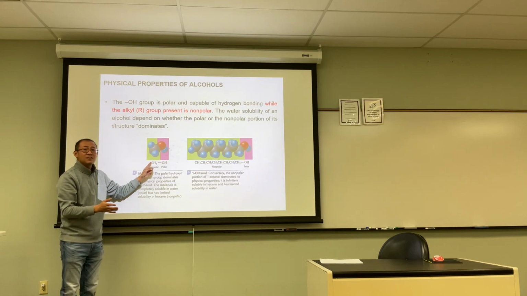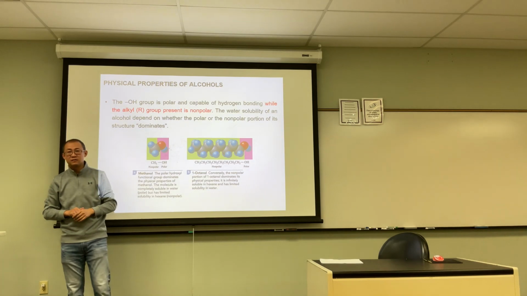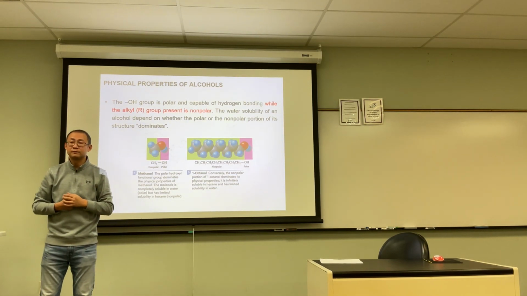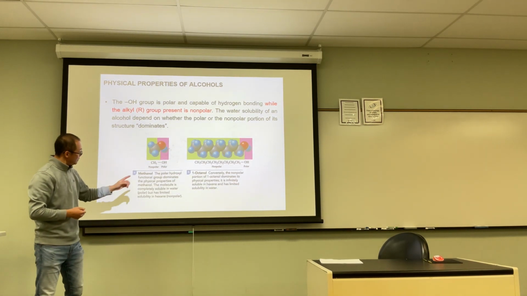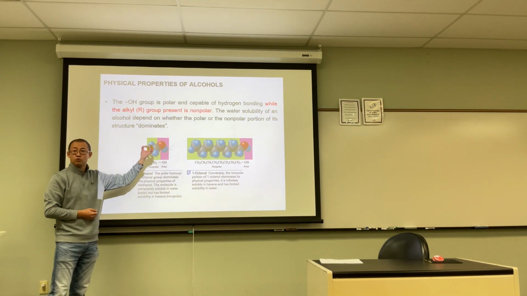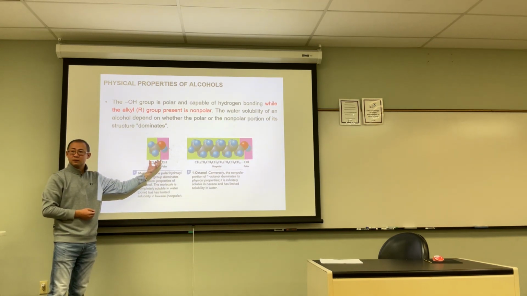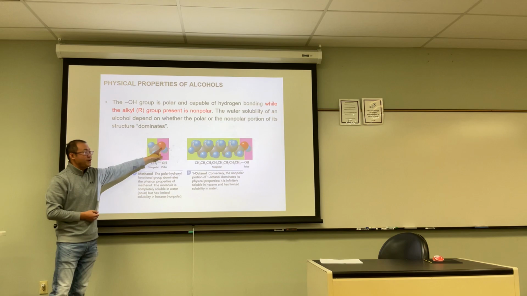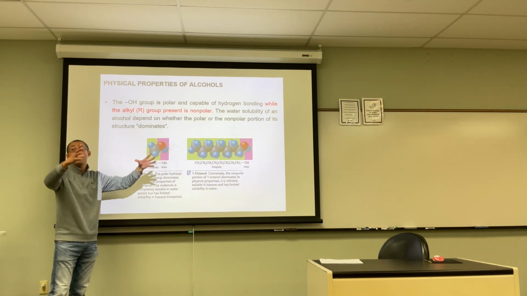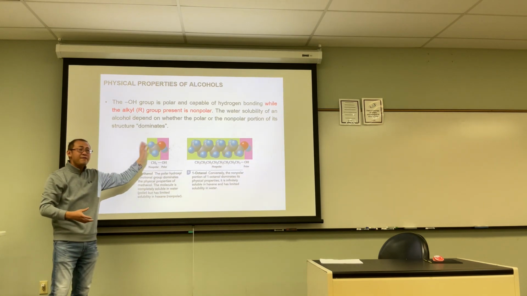So the size of the group will also affect the solubility. When the size of the group is small, like this one carbon group, the molecule is tiny. So in this case, the OH is dominant.